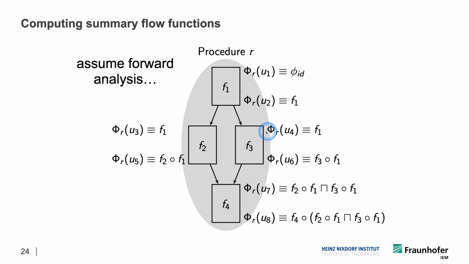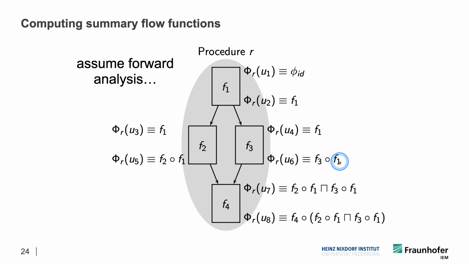And now we are extending this. So if we look at the right-hand side branch, now we are adding the effect of this flow function F3. And what's important now is that we are not actually computing yet this effect. We are simply accumulating this effect. So the flow function computation is not actually being conducted here, it's rather being collected symbolically.